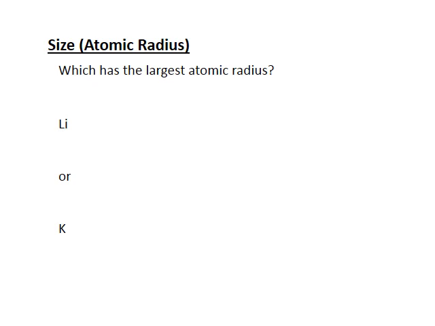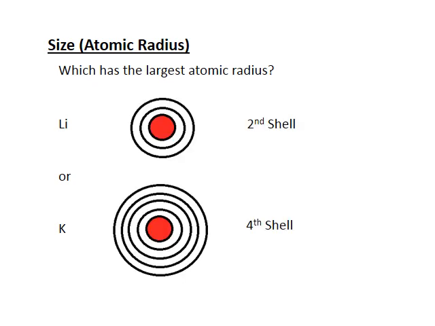So lithium is in the second shell, potassium is in the fourth shell. So if I'm looking at how to compare their sizes, their sizes are going to differ according to the shell. So lithium only has two shells of electrons, potassium has four shells of electrons. So potassium is obviously bigger because it's got more shells.